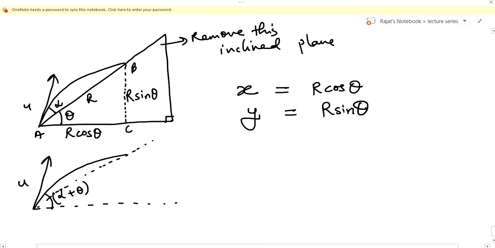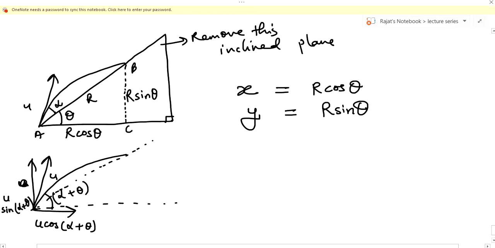This is a simple projectile at a velocity u. Now I'll break this velocity into two components. The horizontal component will be u cos(alpha plus theta) and the vertical component will be u sin(alpha plus theta).